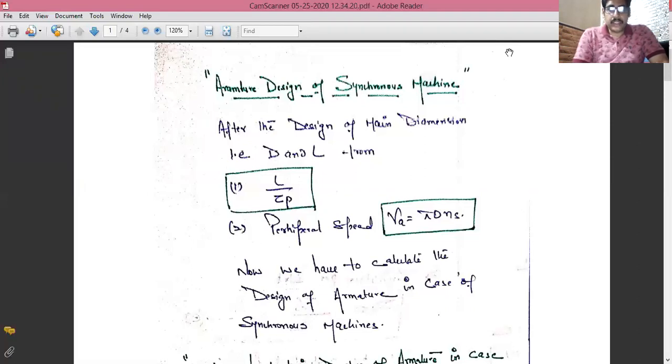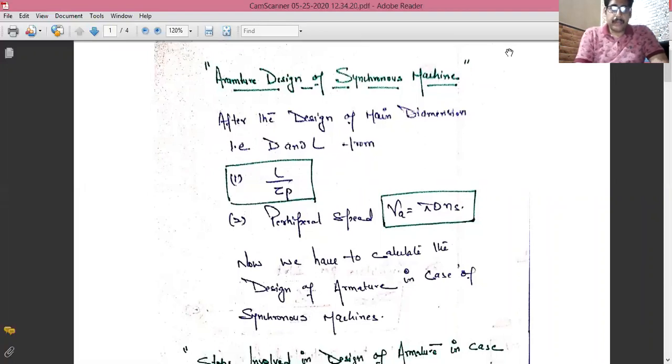This diameter and length can be calculated with the help of the output equation. When we have the output equation, we have to separate D and L. For the separation of D and L, you require two things: number one will be L by tau pi, and number two will be peripheral speed. That depends upon numerical to numerical. Whatever data is provided to you, you have to separate accordingly, as shown in your video.